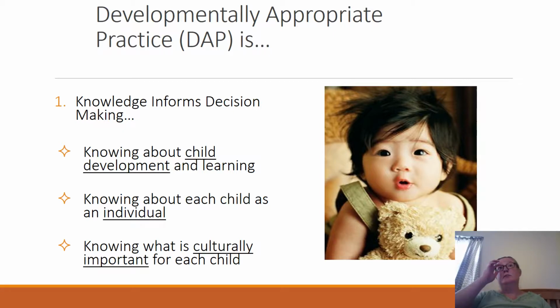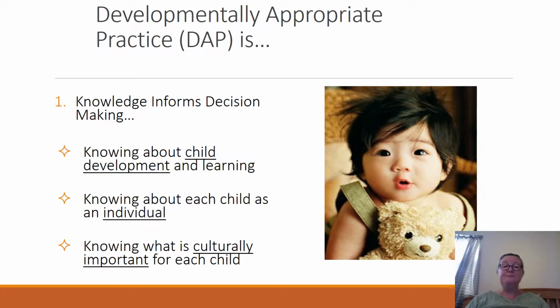Another concept, a very early concept, is that print has purpose, and that people write for a reason. And so having children pretend to make grocery lists or write letters or things like that helps build those skills, right?